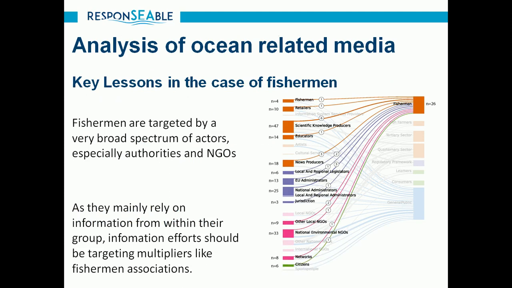What does it mean in terms of communication to fishermen in the Responsible project? First of all, fishermen are targeted by a very broad spectrum of actors, especially authorities and NGOs. However, as fishermen mainly rely on information from within their group, information efforts should be targeting multipliers, like, for example, fishermen associations, so that the flow of information effectively reaches fishermen.